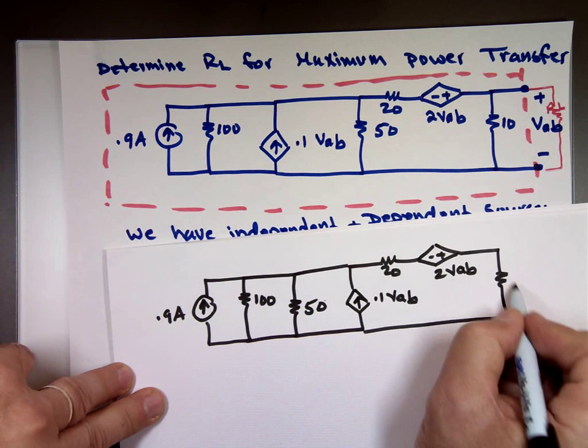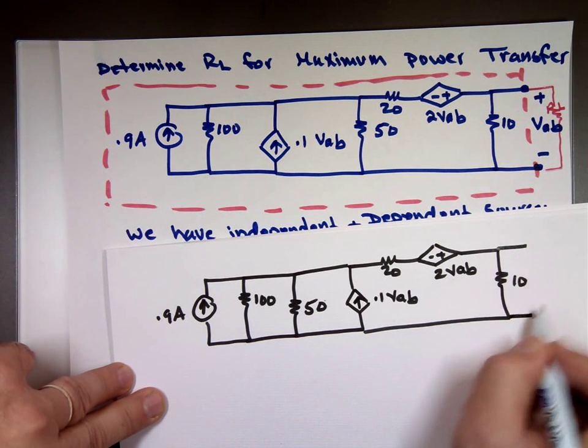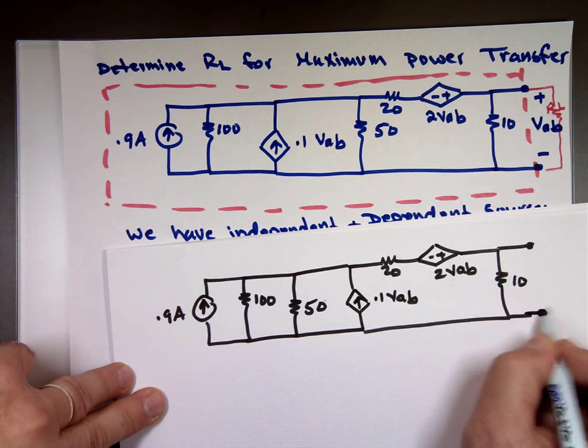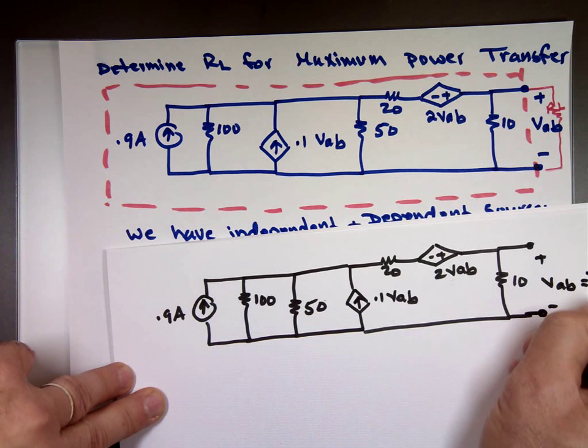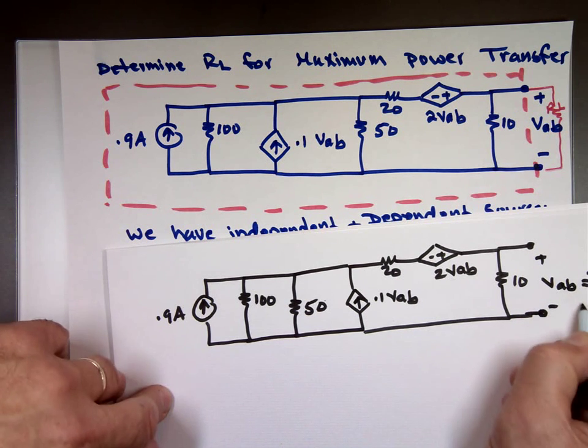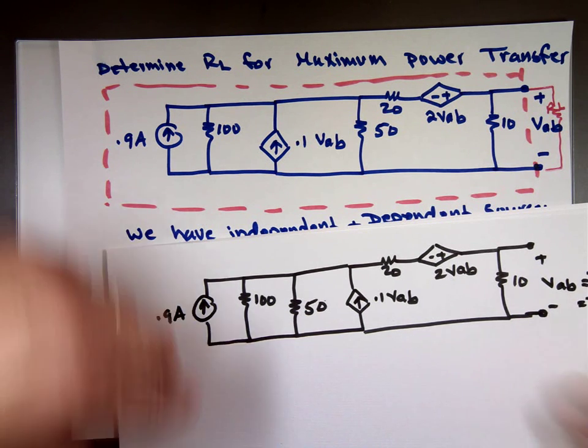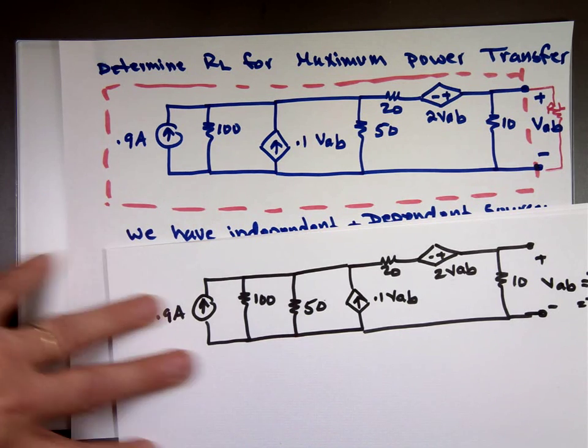And this is your V_AB, which happens to be V Thevenin, or V open circuit. So V_AB is V Thevenin, V open circuit, all of them.